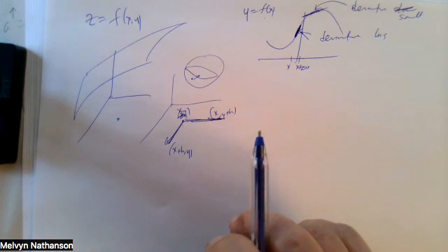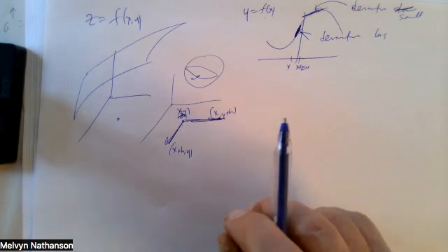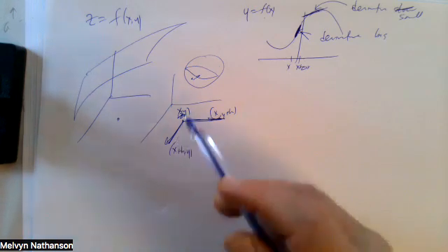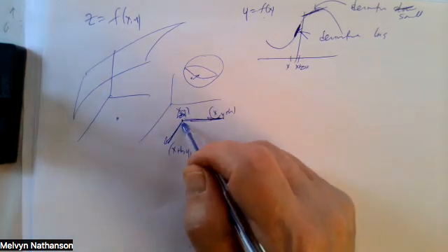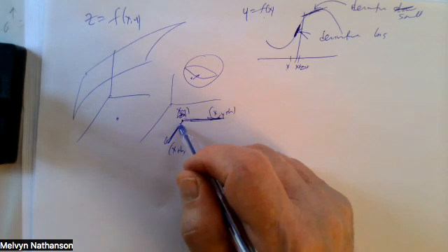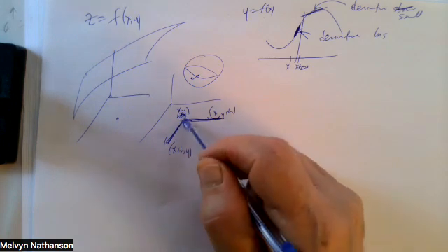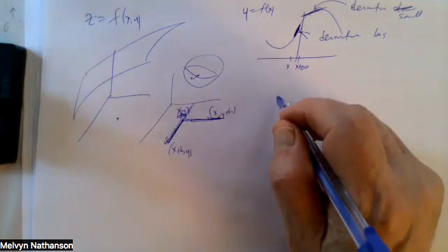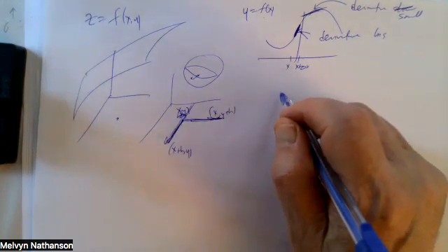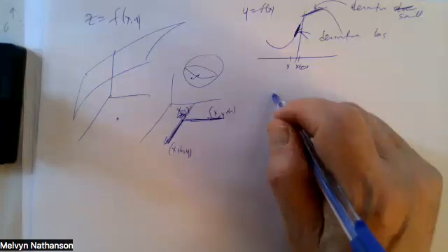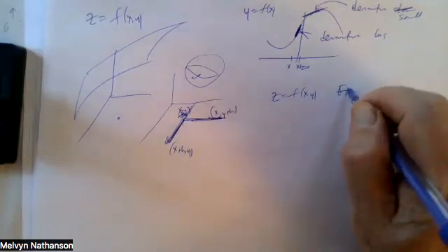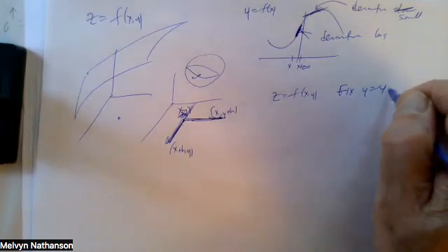So as a first step in understanding how rapidly a function changes at a point, you can ask how much it changes as you go in one direction from the point. Let's say you fix y and change x. So you have a function z equals f of xy and fix y equal y naught.